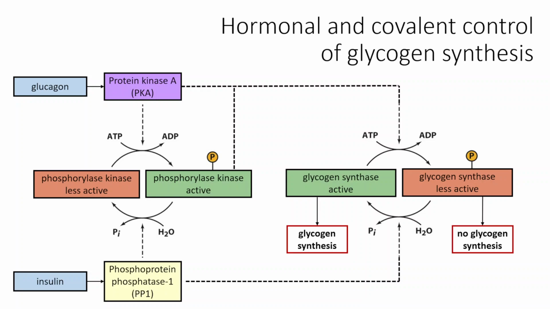And so hopefully you can see how these two things are sort of controlled oppositely. Glucagon will activate glycogen phosphorylase, but insulin will activate glycogen synthase because these types of pathways are needed during sort of the opposite conditions in terms of energy levels and sugar levels in the cell.